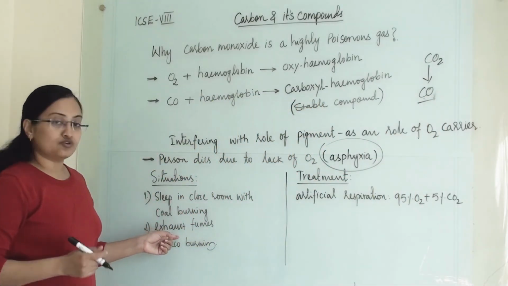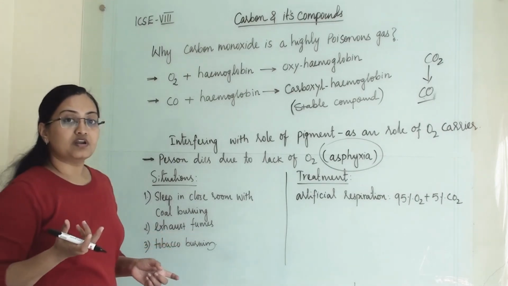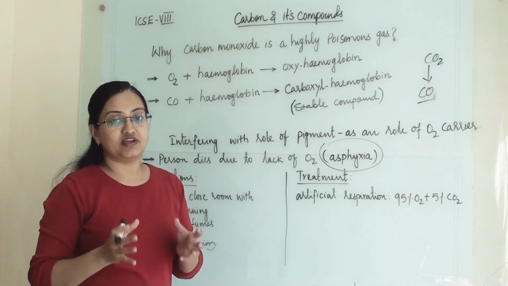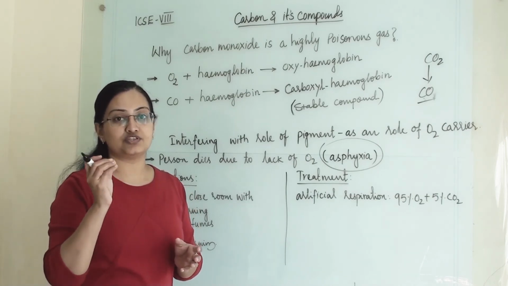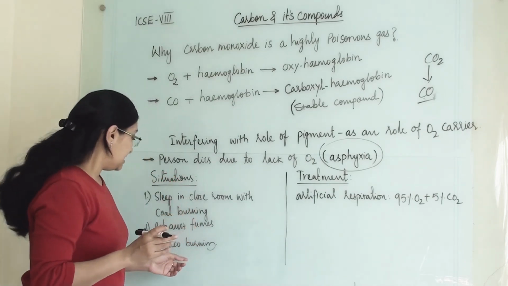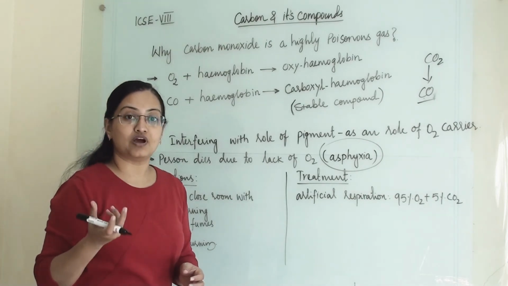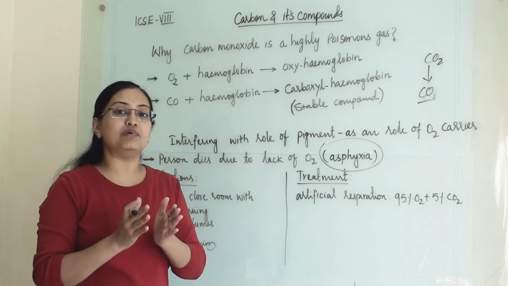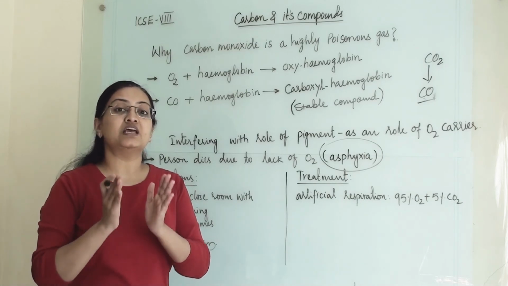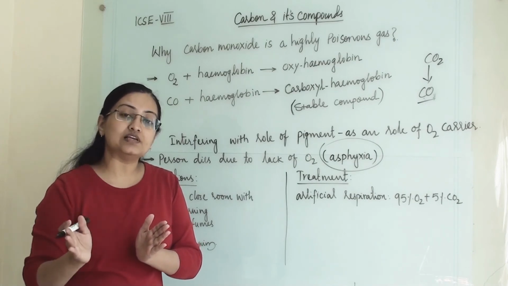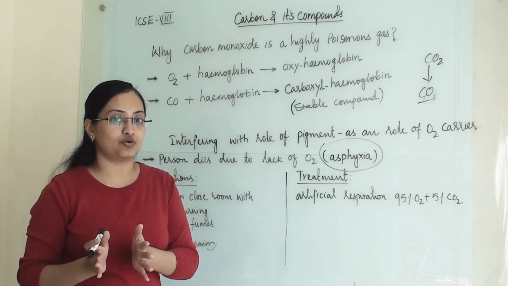Second is exhaust fume. Any coal burning or petroleum burning and exhaust fume of any vehicle will consist of some traces of carbon monoxide. Then tobacco burning also consists of some traces of carbon monoxide. So whenever any burning is happening, even in open air with insufficient air, it will contain some traces of carbon monoxide.